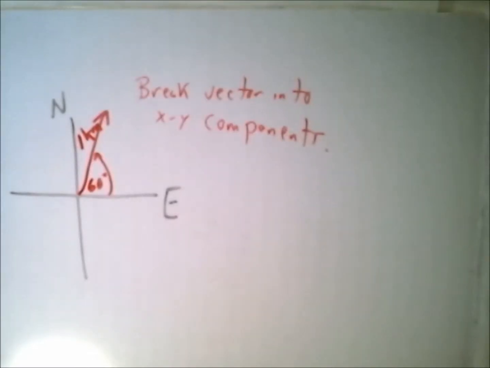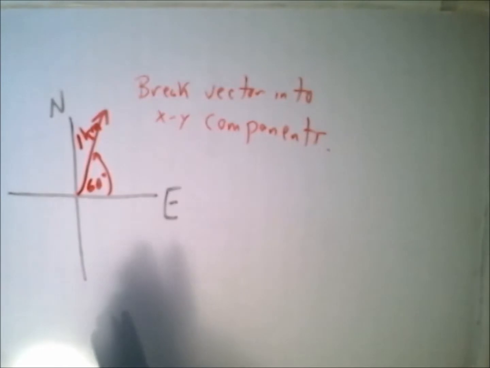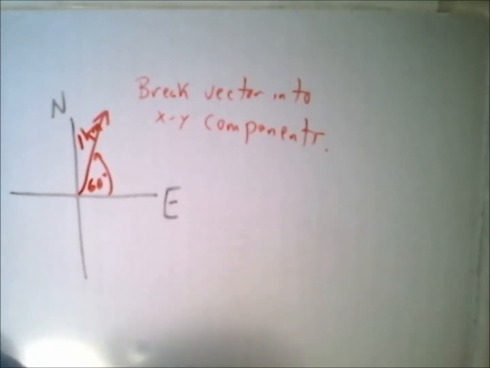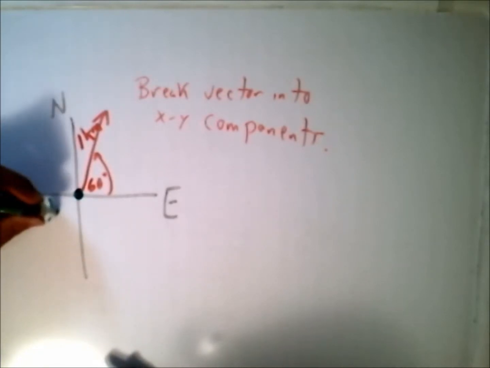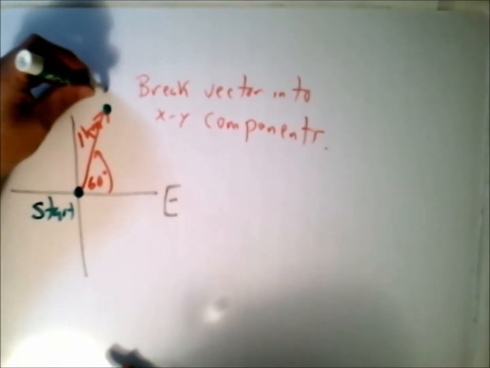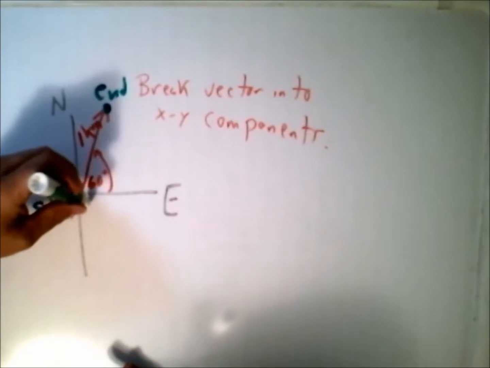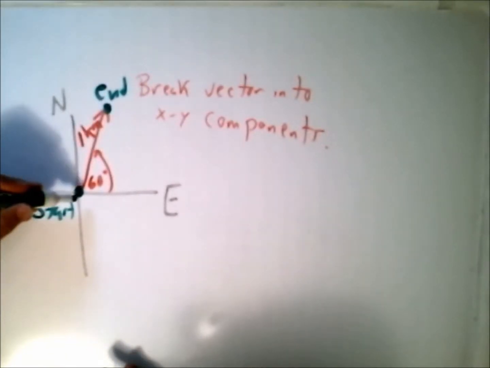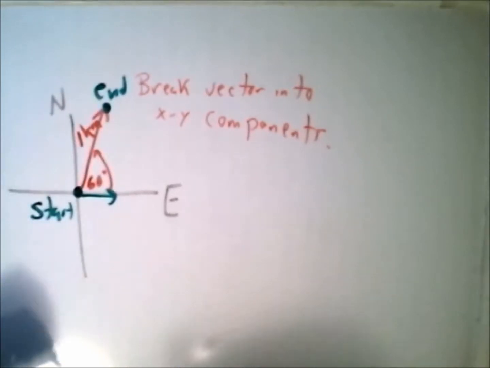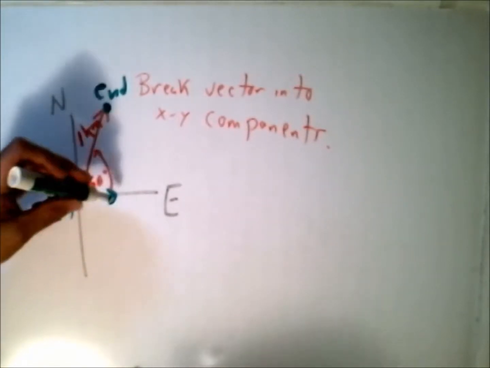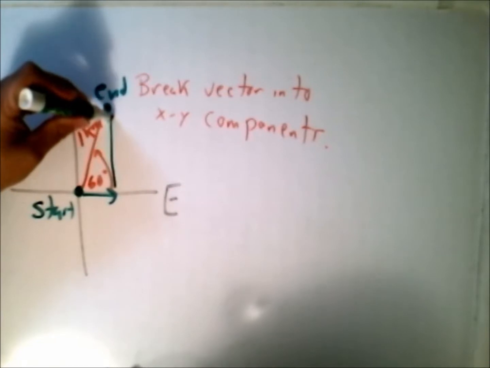So what I mean by that is, if this was happening, my question is, how far east? The person started here, and the person ended here. How far east did they travel? Well, instead of going from this point to that point, I could travel along this way. And then, once I get there, I could travel along this way.